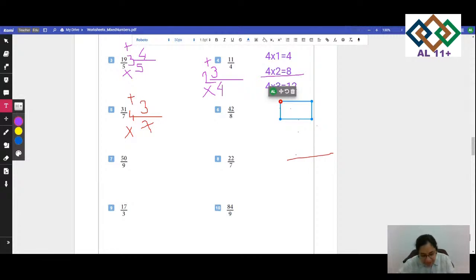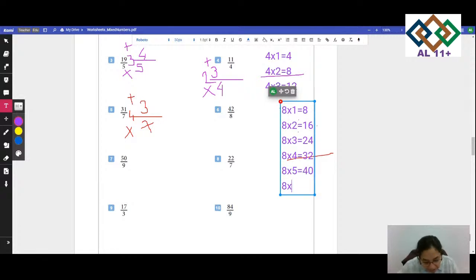So let's do it. 8 multiplied by 1 is 8. 8 multiplied by 2 is 16. 8 multiplied by 3 is 24. 8 multiplied by 4 is 32. 8 multiplied by 5 gives you 40.